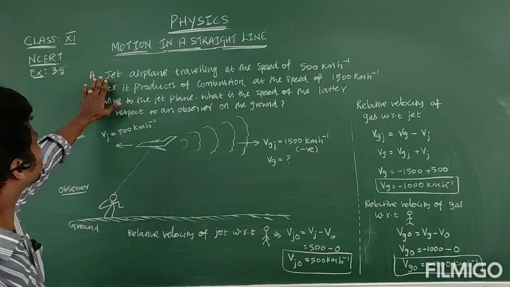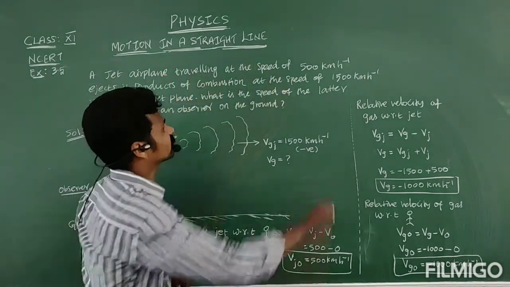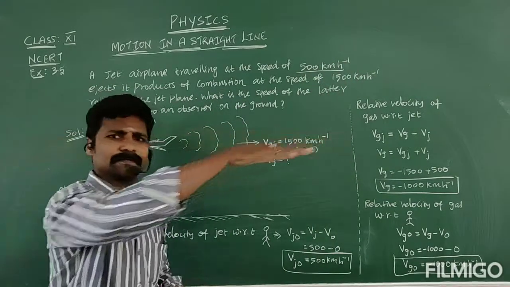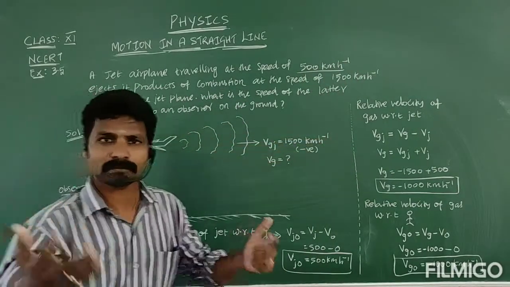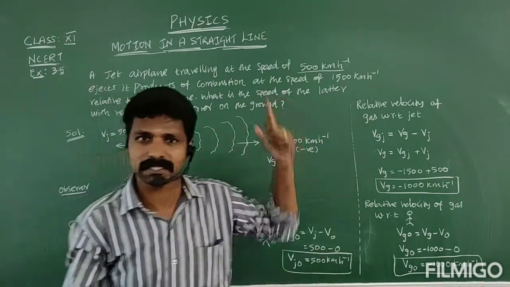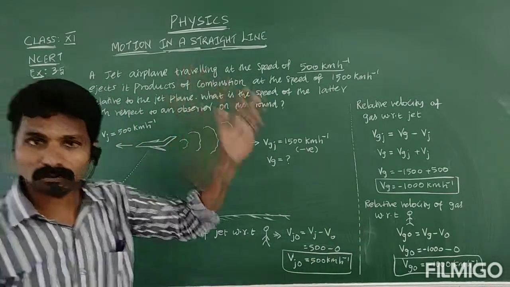See the question. A jet airplane is traveling at a speed of 500 km per hour. Jet, okay, so whenever we compare, we say it's moving at jet speed. That much speed is 500 km per hour.